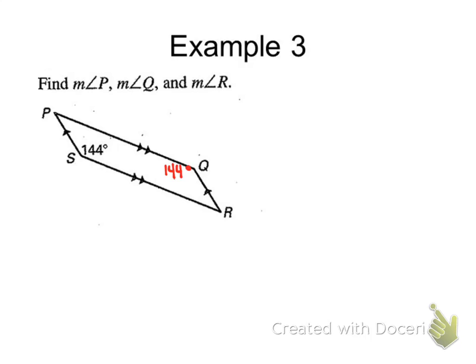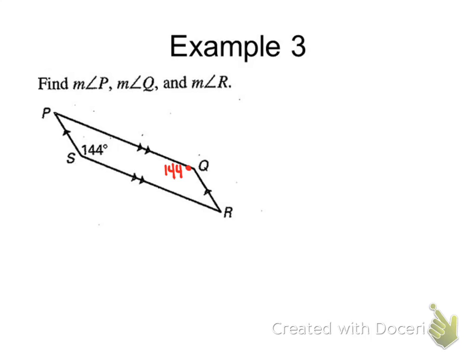Does anyone remember the property that talks about angles that are right next to each other? Consecutive angles, I think it was the third property you wrote down. Consecutive angles are supplementary. Supplementary angles add to 180 degrees.